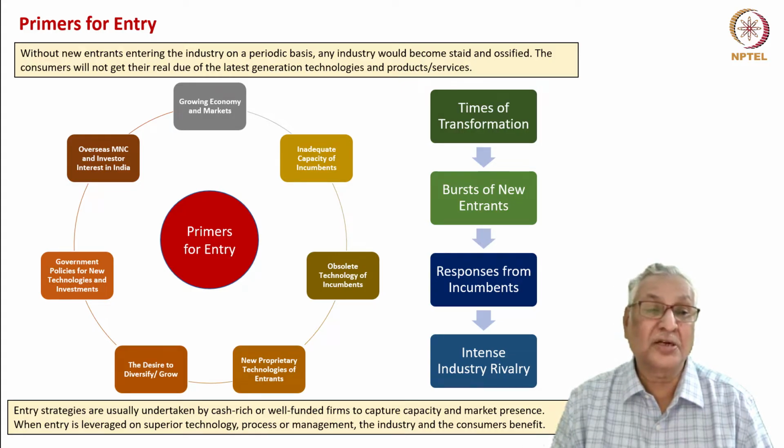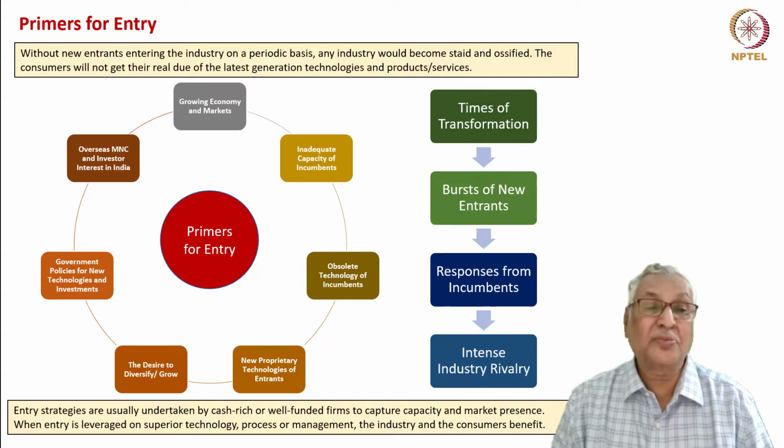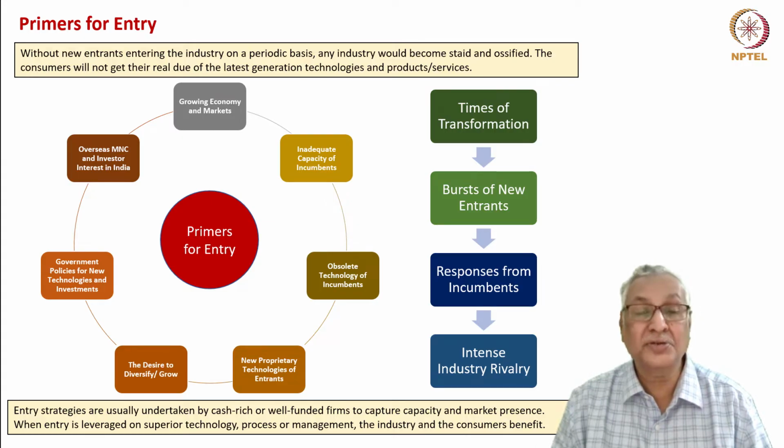Overseas MNCs and investors show a lot of interest in India, and that leads to capital formation and new venture formation in India. More particularly, multinational companies which have seen saturated markets in their home territories would like to enter an emerging market such as India and become market fulfilling and therefore volume expanding with respect to their firm's ambitions.